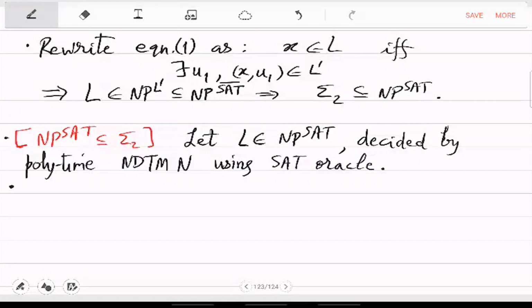So this N will make non-deterministic choices, and will also refer to SAT. And this whole business we have to express as a Sigma 2 expression, right? So this we have to do carefully, and we'll obviously also use Cook-Levin here.